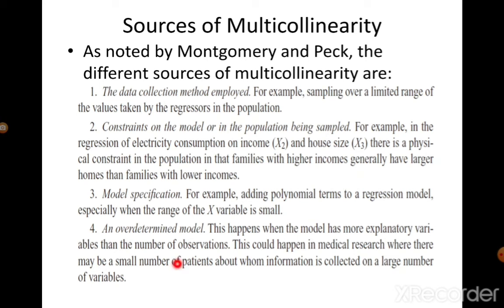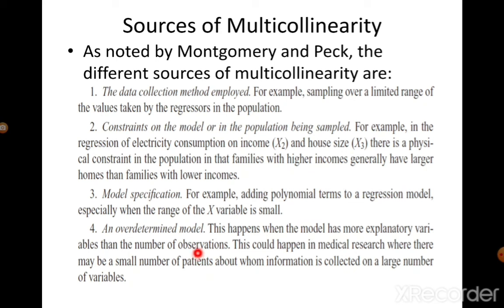Another very important source of multicollinearity is an overdetermined model. By that I mean that when you have more explanatory variables than you have observations, there will be very high multicollinearity between your x variables.